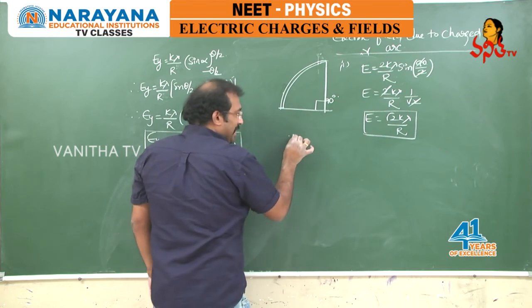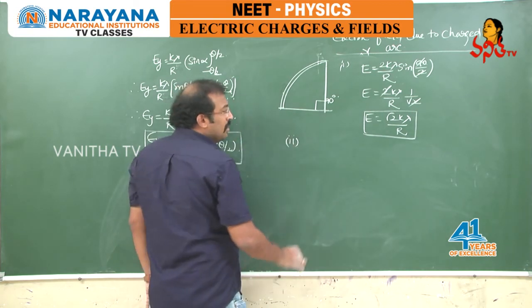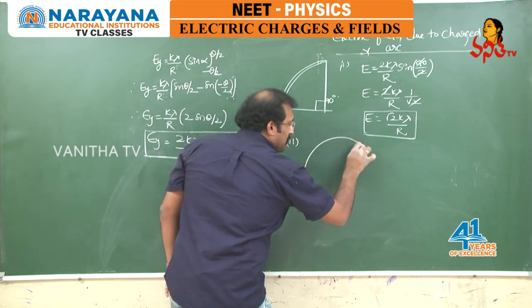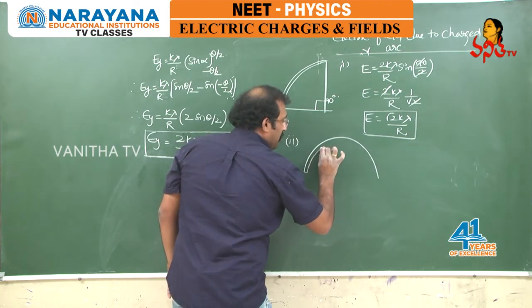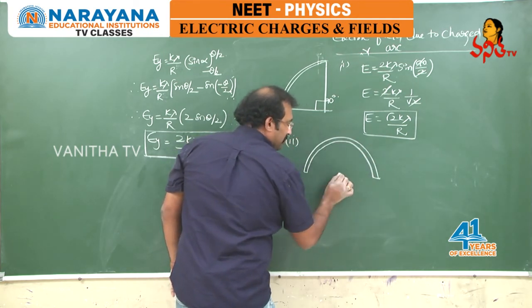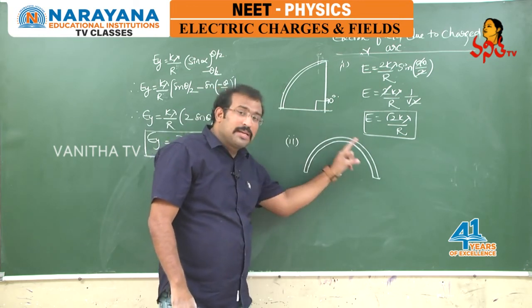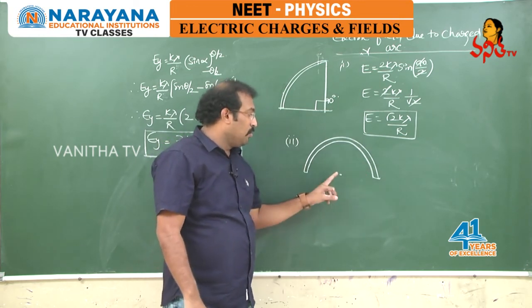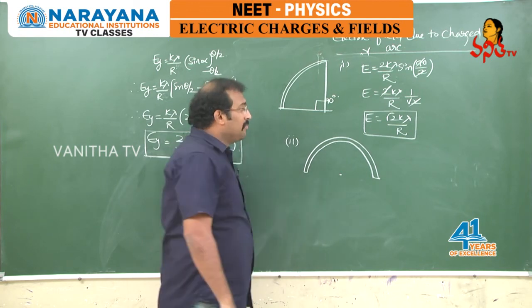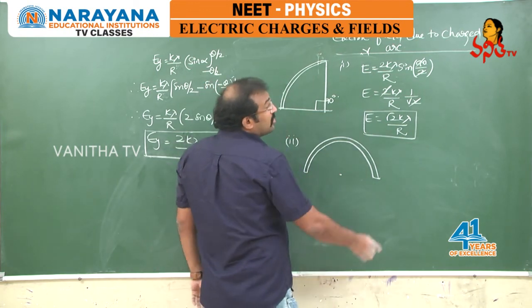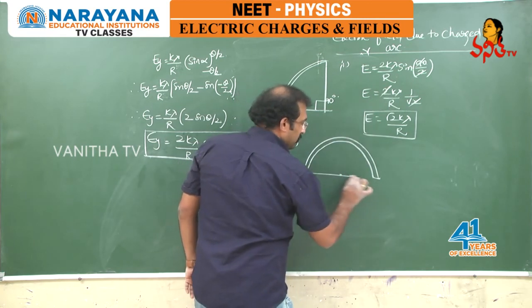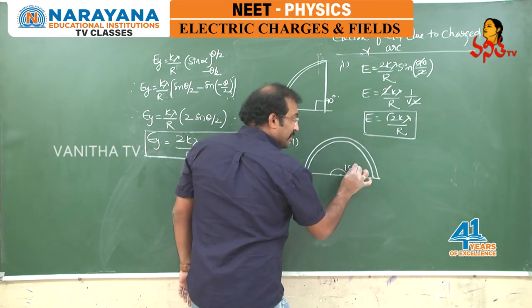Let us go with the second case. Second case is if the arc is making an angle of 180 degrees at the center, that is, it is a semicircular charged arc. Now let us see. θ is equal to 180 degrees.